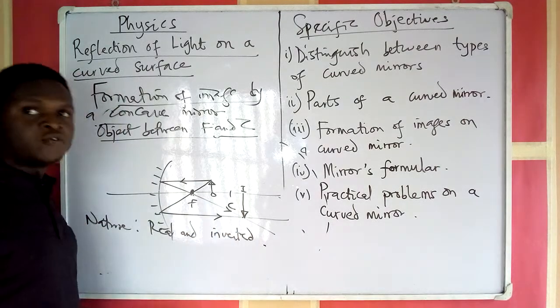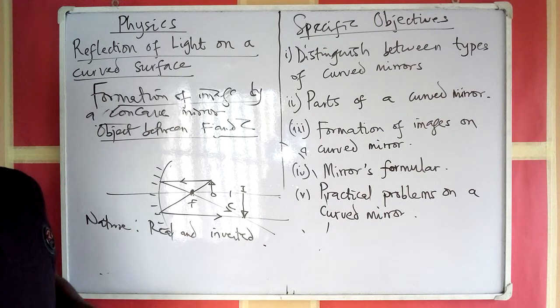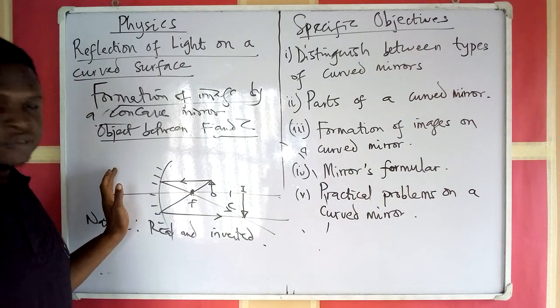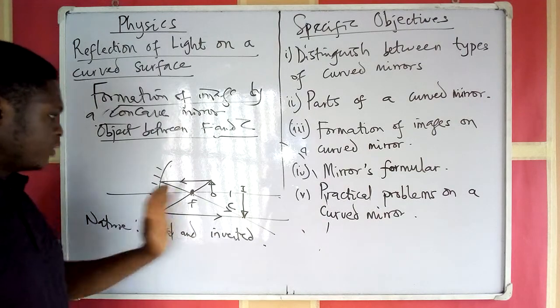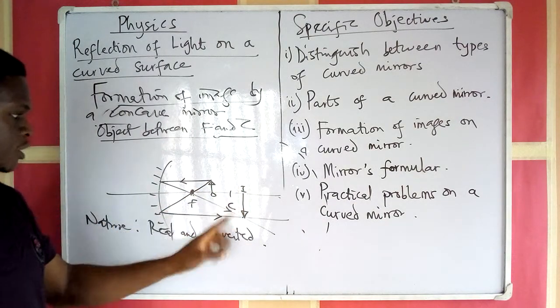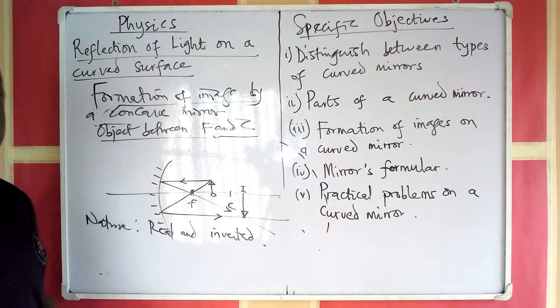Real in the sense that it forms in front of the mirror. But remember the one that formed behind, you say it is virtual, yes. So it is real, it forms in front of the mirror. It is inverted, just like we are seeing, compared to the object.